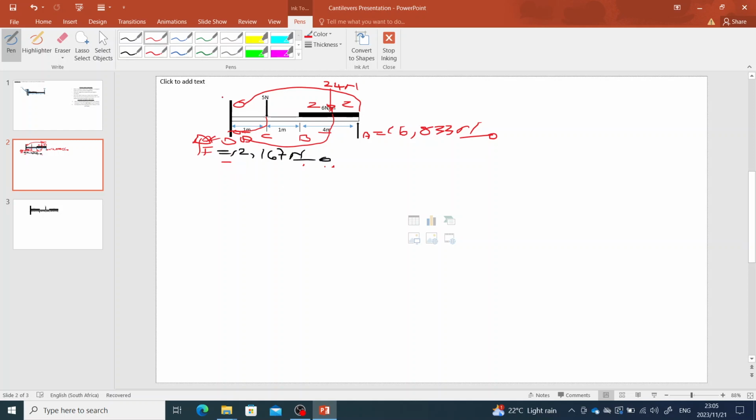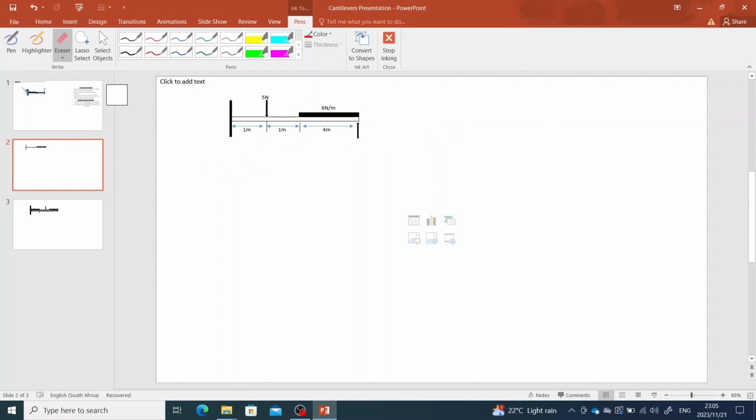Now we said it that on all given forces, we then have to draw vertical straight lines. D, this is D, it is 12,167. RA, it is 16,833 Newton. A, B, C, D. Then here it was the force that we got here.